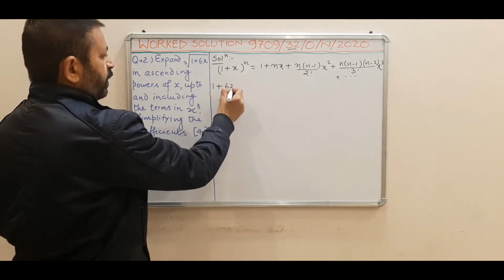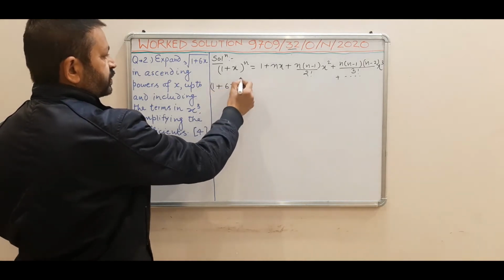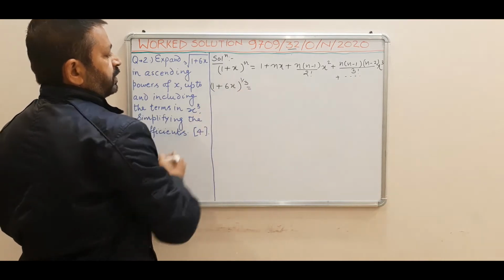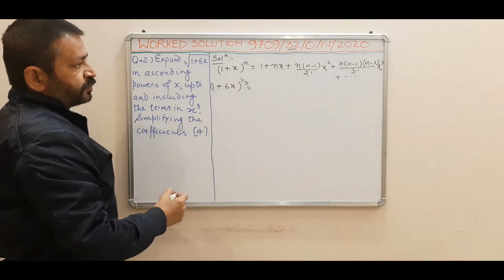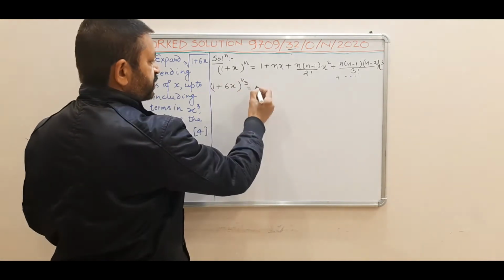So here we have (1 + 6x) raised to 1 by 3. Terms are required up to x cube, so we'll expand up to x cube only.